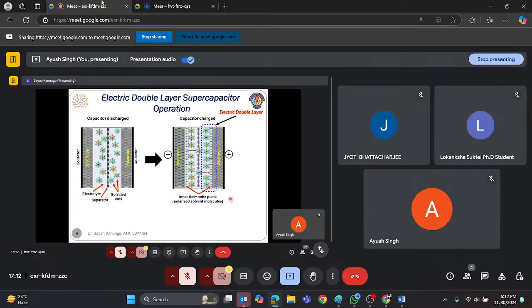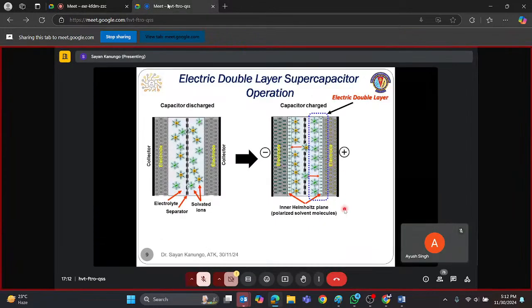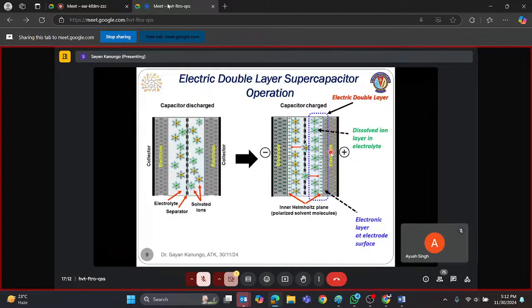So if we look once more into the details of this electric double layer, we will be able to identify there are two charge layers in this electric double layer. One charge layer is formed by the dissolved ion layer in the electrolyte, which is in the close vicinity of the electrode surface, and the other is basically the charge layer at the surface of the electrode material.